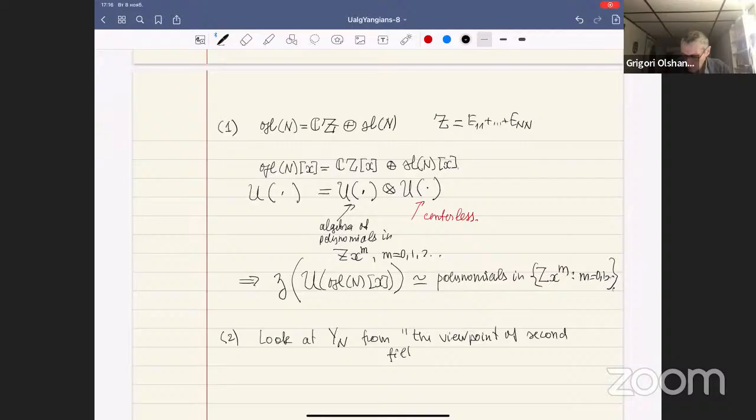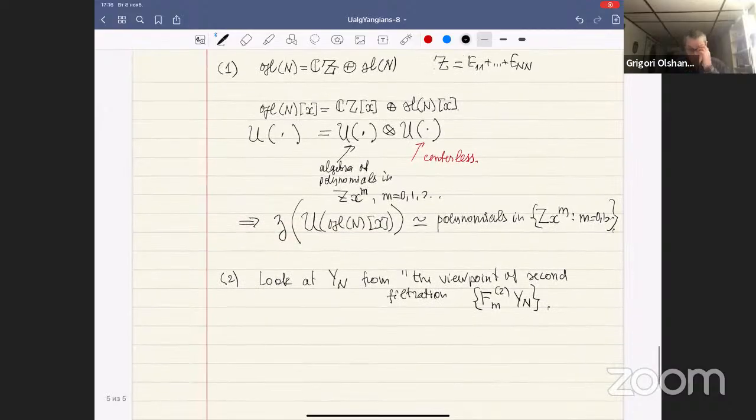Second filtration. We want to compute the highest degree term of our coefficient, the quantum determinant, with respect to the second filtration.